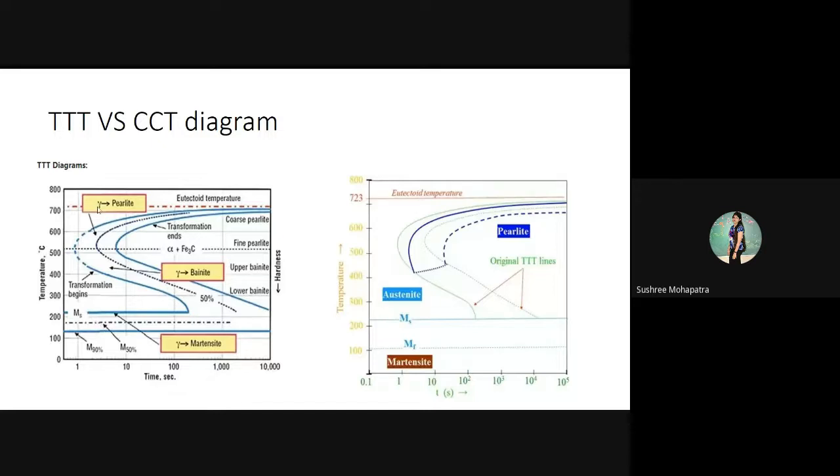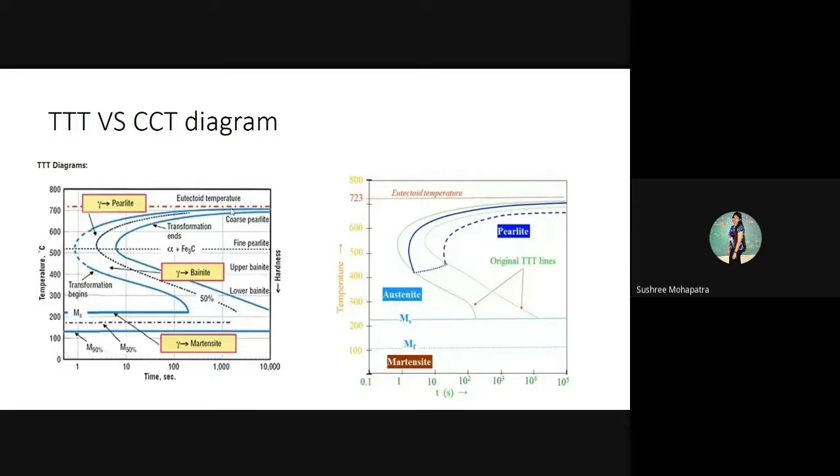So you can see gamma, that means austenite, is transforming into pearlite, bainite, or martensite. Due to unstable behavior, it will transform into some new stable phase, that is pearlite or bainite or martensite. But you have to remember, martensite is a metastable phase, not a stable phase. Pearlite is a stable phase. Martensite is not. It is basically a metastable phase.